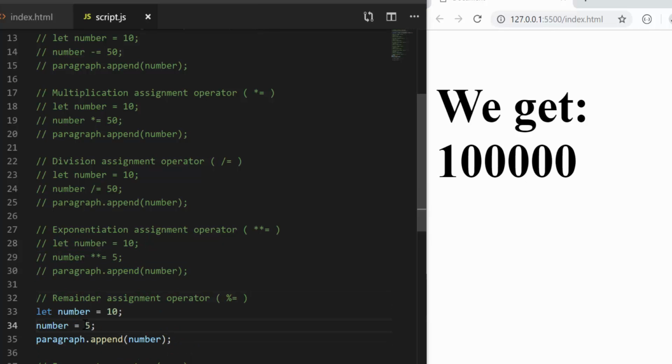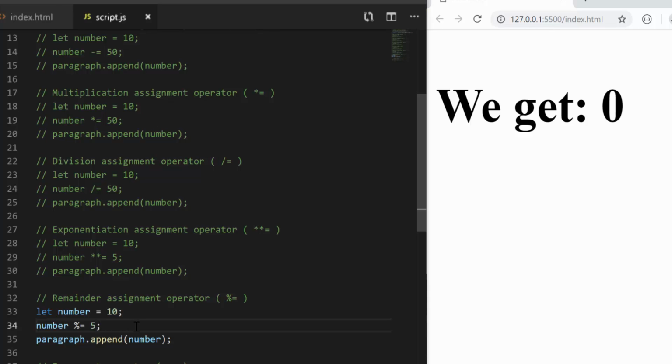Now, with the remainder assignment operator, I could say percentage equals 5, in which case I get 0, which is correct, because 10 divided by 5 equals 2, and there is no remainder. Let's try with 7. I should get 3. So this works.